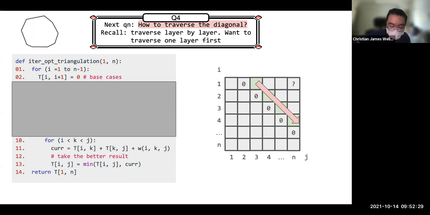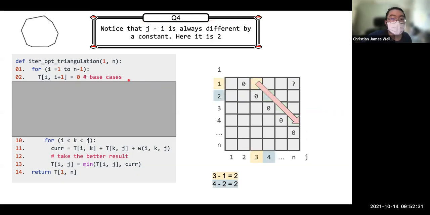How you traverse a diagonal is to notice that if you traverse the diagonal, j minus i is always the same constant. This might be a fancy observation that might not have occurred to you before. Consider this guy and this guy: the difference between 3 and 1 is 2, and 4 minus 2 is also 2. So they are constant here.